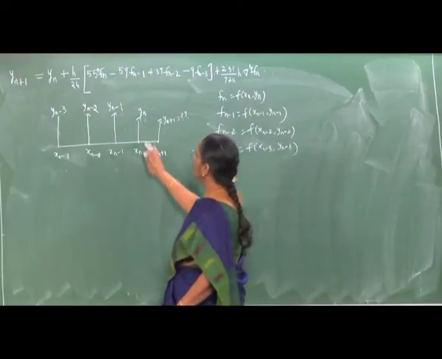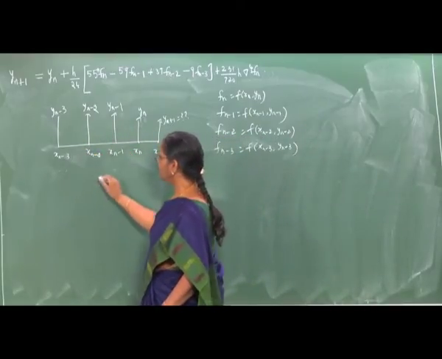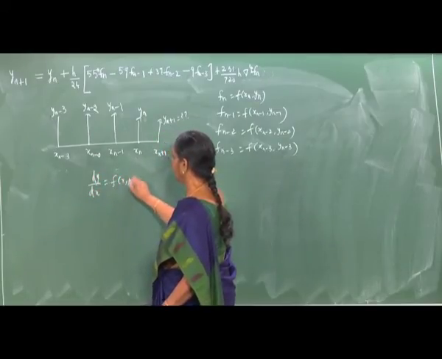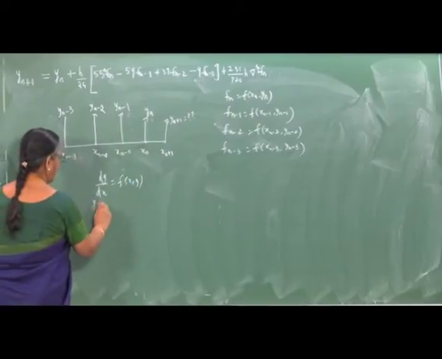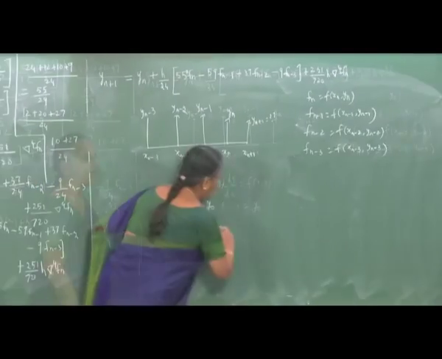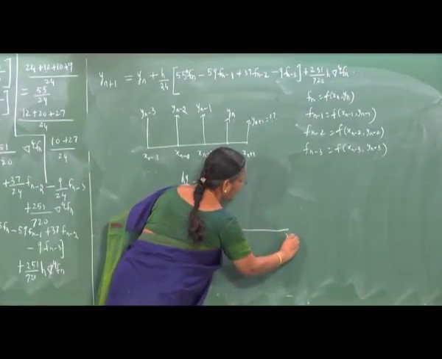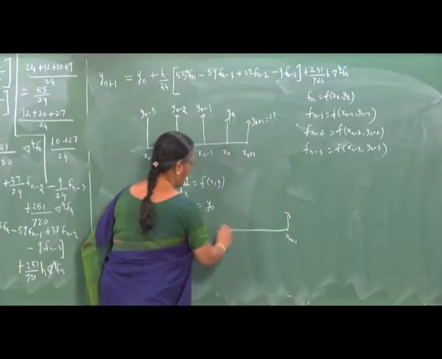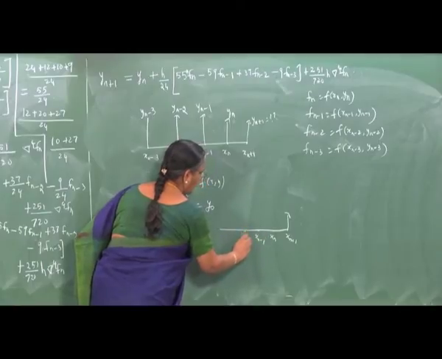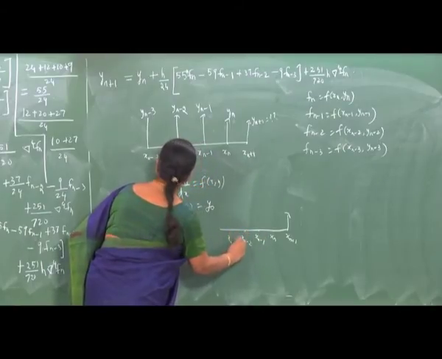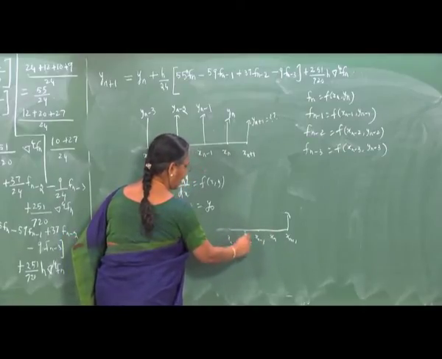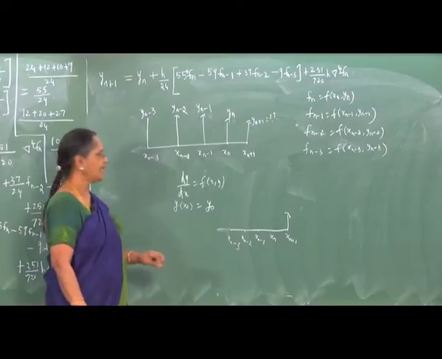Question now is, how do you get these values? Because your problem is dy by dx is equal to f of x comma y, and you will be given information at some initial point x naught, y naught. You are asked to compute the solution at xn plus 1. So, you require the knowledge of the solution at the previous 4 points xn, xn minus 1, xn minus 2, xn minus 3.